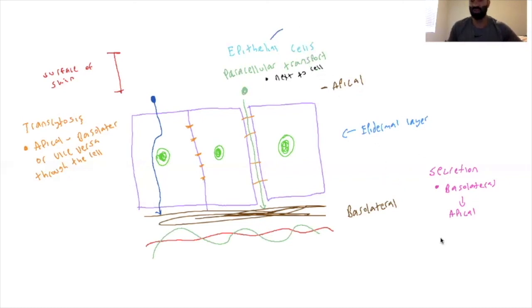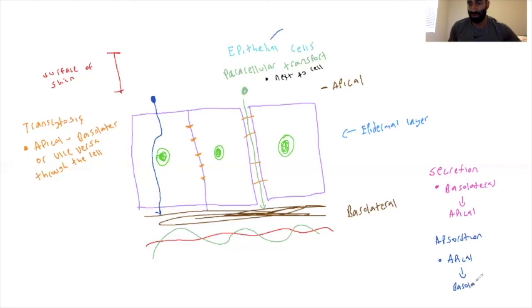And the next one is going to be absorption. That is going to be apical to basolateral.